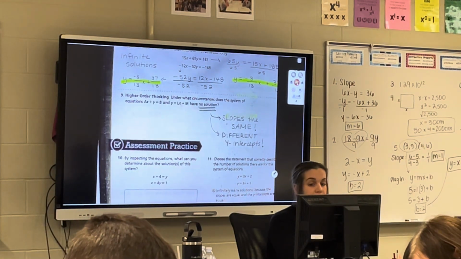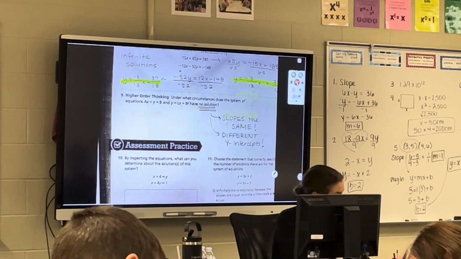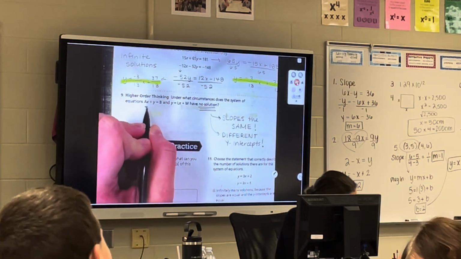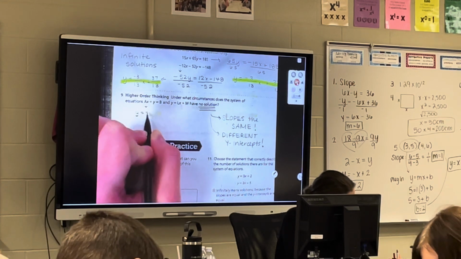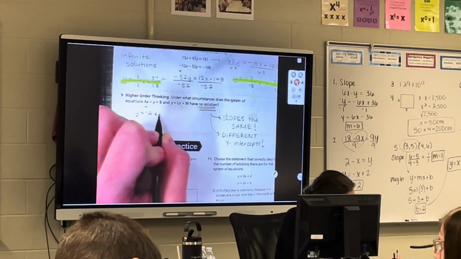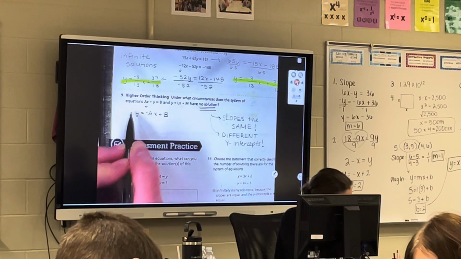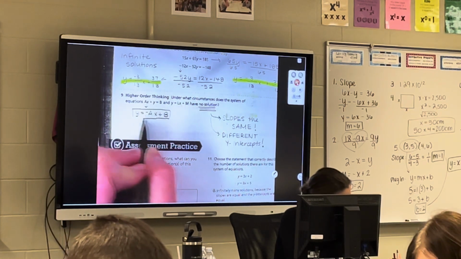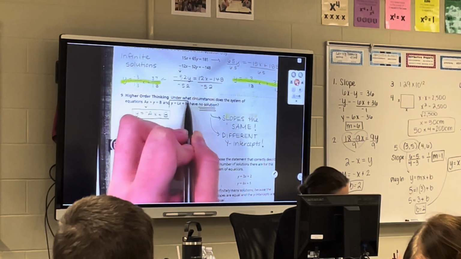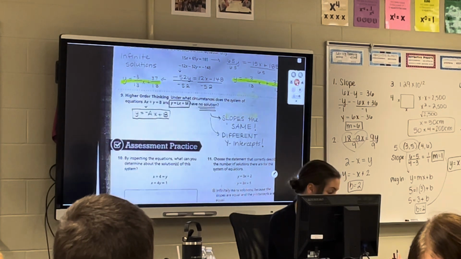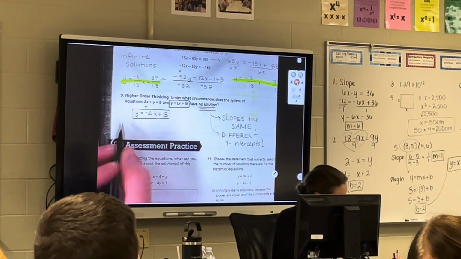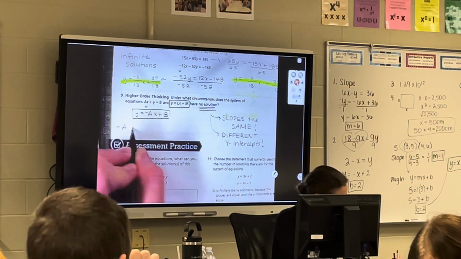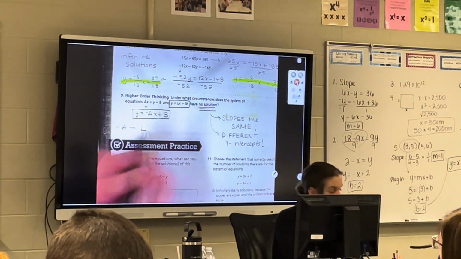So in other words, if our slopes have to be the same, first I need to get y by itself here. So y is going to equal negative ax plus b. So now I'm comparing this with this. So if our slopes have to be the same, that means negative a is going to have to equal l.